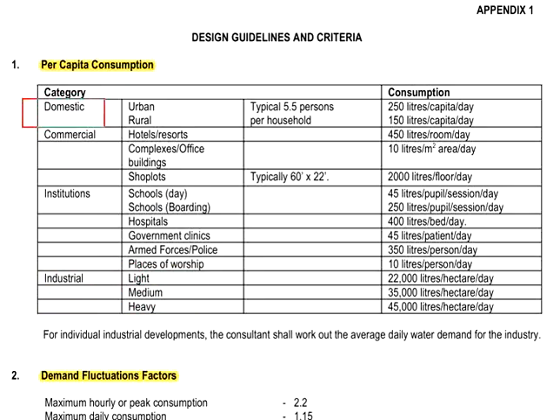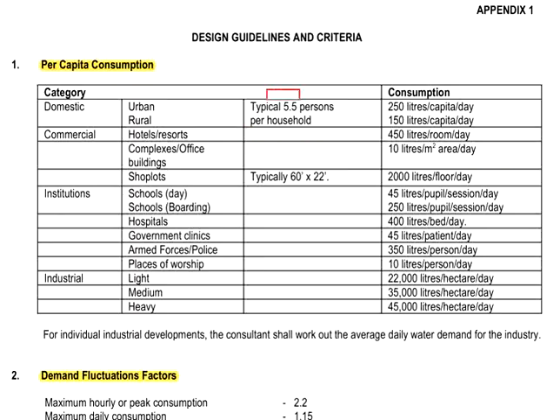For the domestic category, this is calculated on the basis of typical 5.5 person per household. The consumption rate in liter per capita per day are given here. For urban area, 250 liters per capita per day. As for rural area, 150 liters per capita per day.